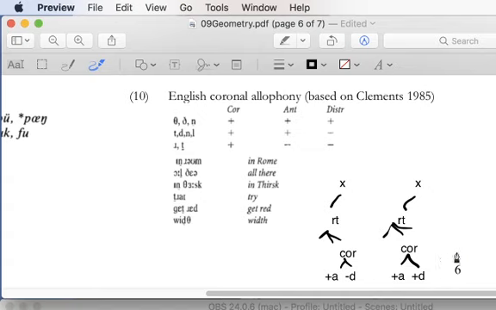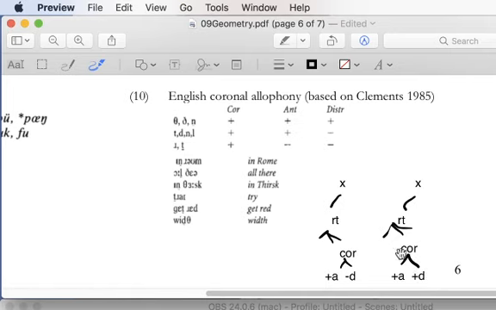So this is the sort of input configuration. We have all of this very complicated feature geometric structure up here, and so I'm again shorthanding all of this. There's continuancy and major and laryngeal nodes, and then somewhere there's the major place node. Down below that is the coronal node, and underneath the coronal node, contained in it, we have anterior and distributed.